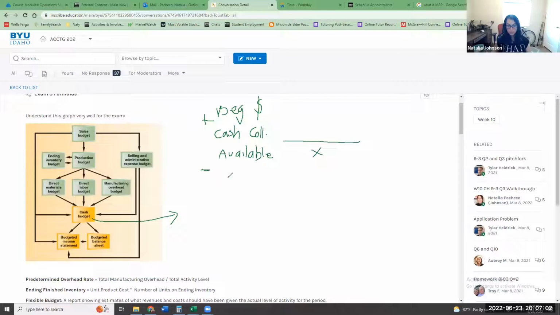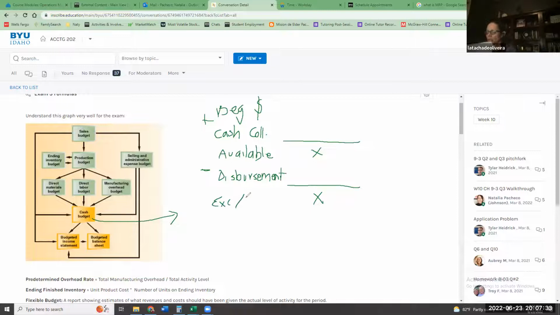And then you subtract the disbursements. And this total right here is the, do you remember? Is like the excess or deficiency?